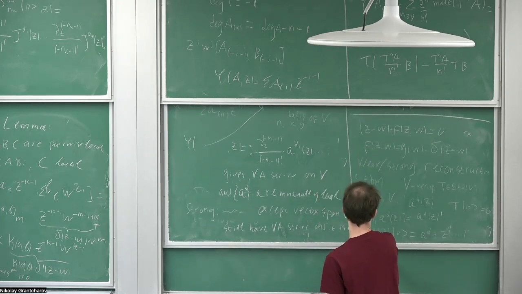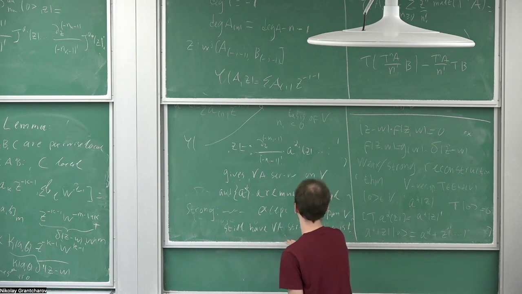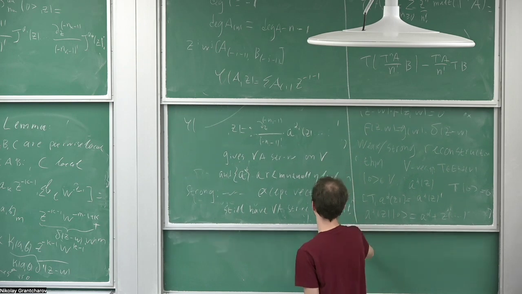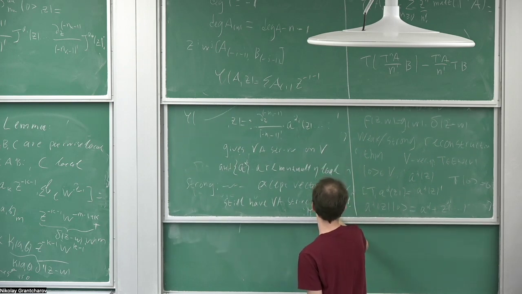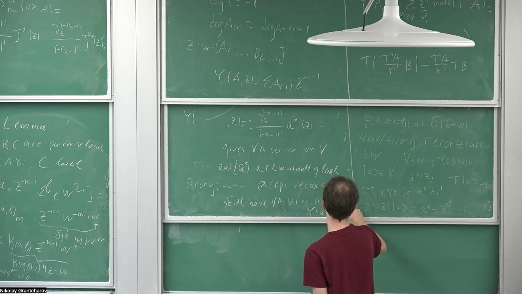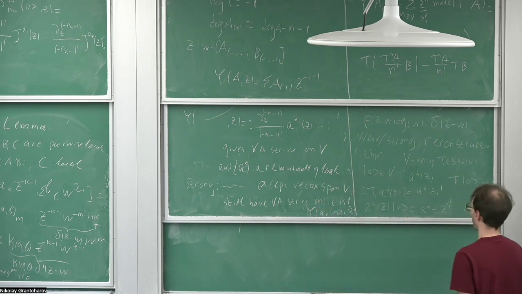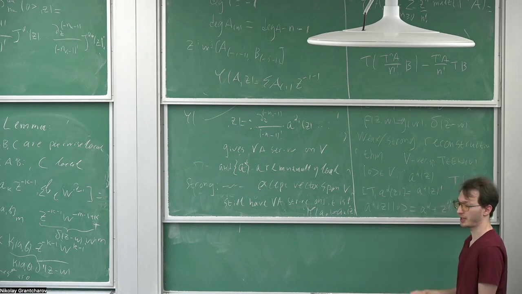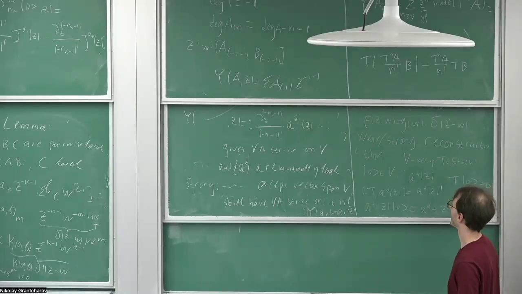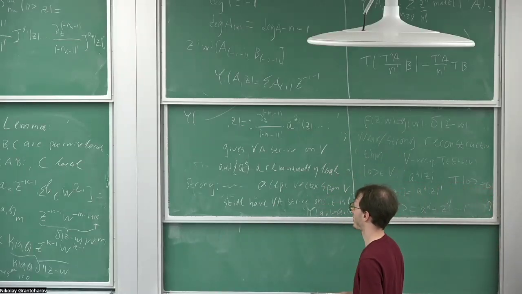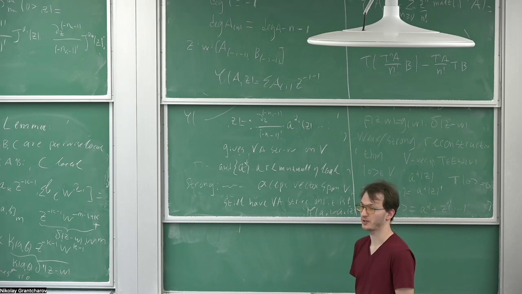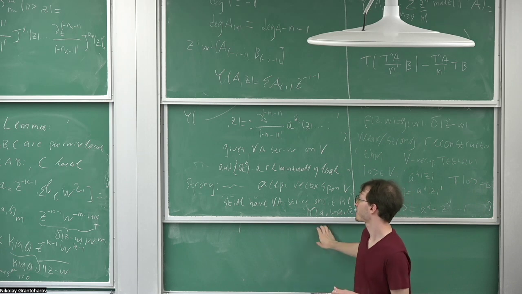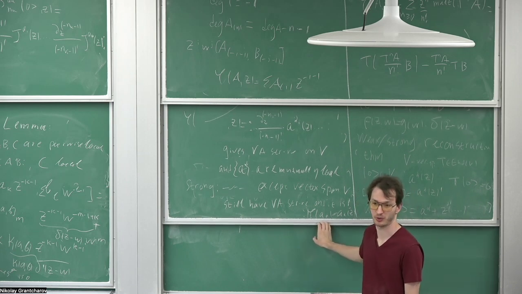It is a unique vertex algebra structure with this vacuum, this T, and Y of A alpha is A alpha. If I assume that to this vector corresponds this field, then I don't have any freedom. I must write formulas like this, and they are well defined even if I don't assume a basis, only a span. So weak reconstruction we kind of proved, strong reconstruction we will not prove.